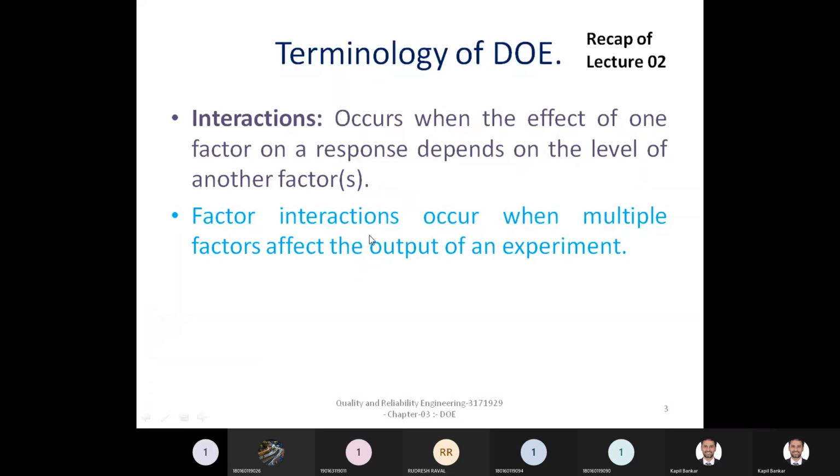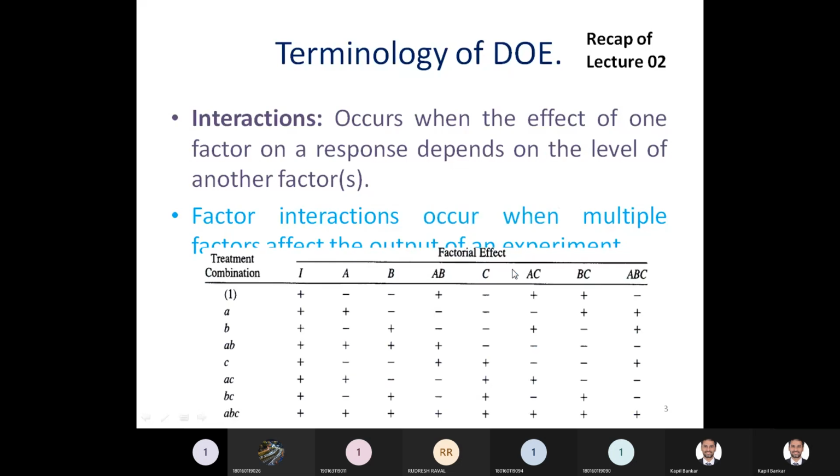Now, factor interactions occur when multiple factors affect the output of an experiment, as I said in the image. From this table you can find the treatments. Here treatments are there, and here the number of factors. Suppose factors A, B. Here AB means this is an interaction effect. This is the individual factor C. This is the combined factor AC interaction.